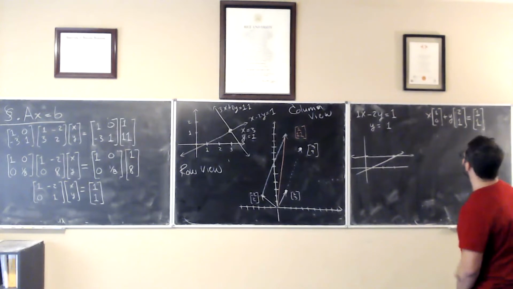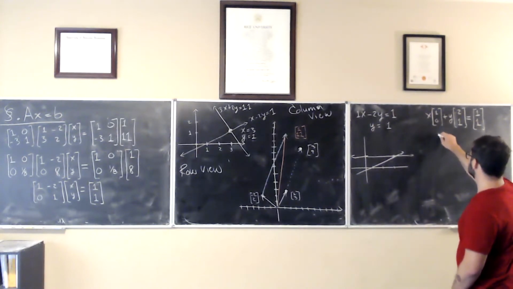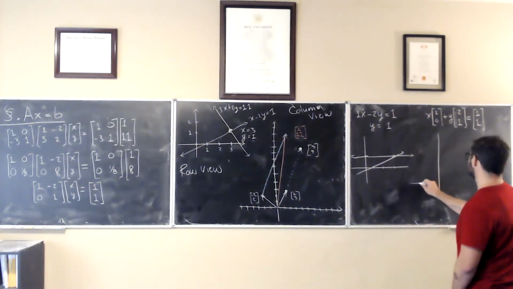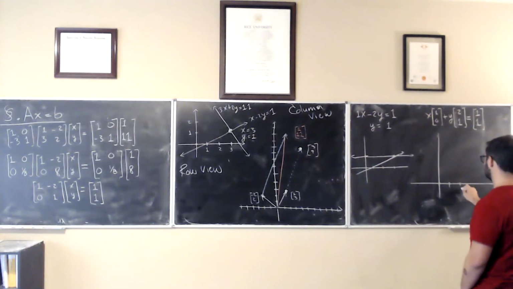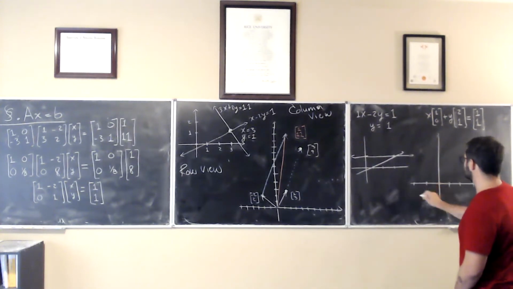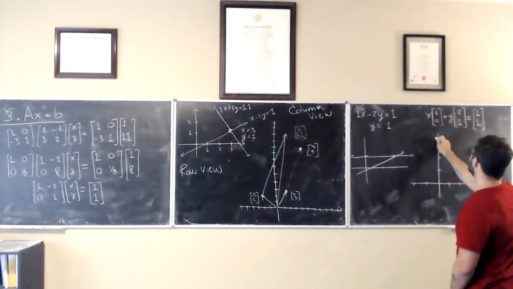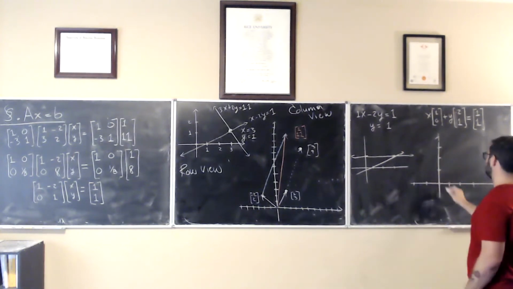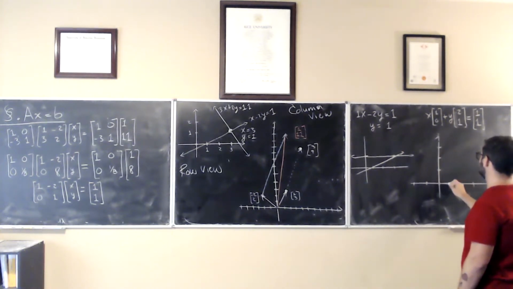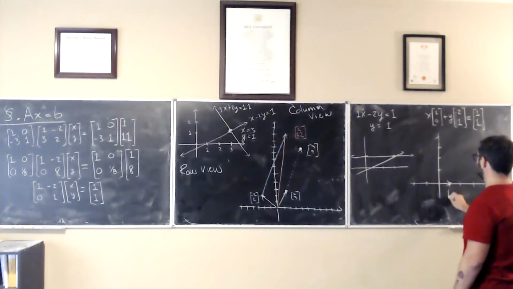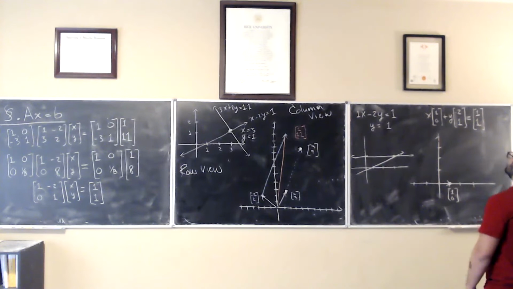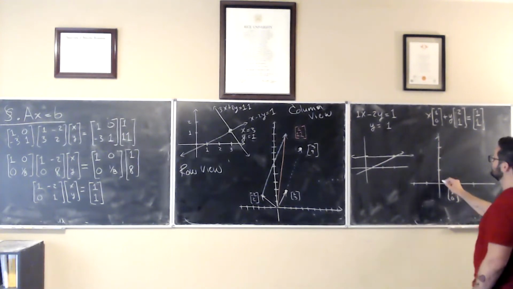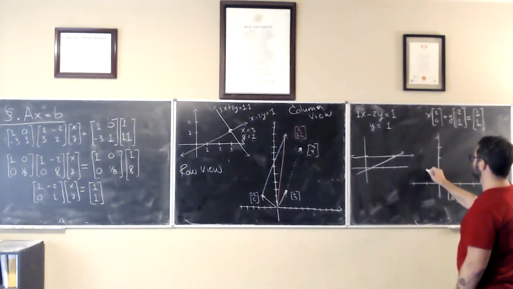And now this picture. So we have 1, 0. And then we have -2, 1.